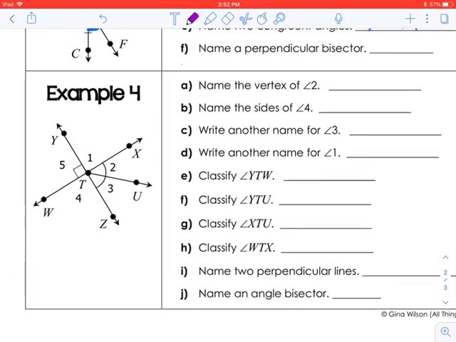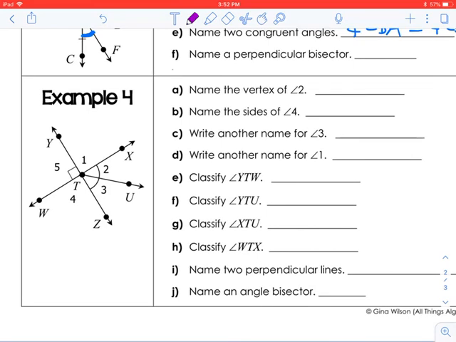The last one here, example 4. Name the vertex of angle 2. So here's angle 2. What's the vertex? Well, it's right there in the middle, T. Name the sides of angle 4. Angle 4 is right here. So here's the side, here's the side. So it's TW and TZ.